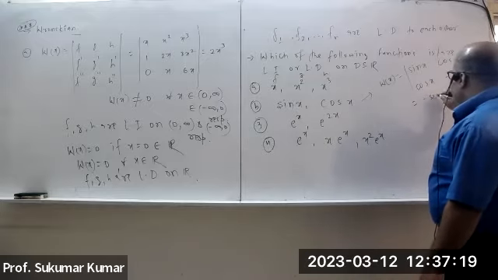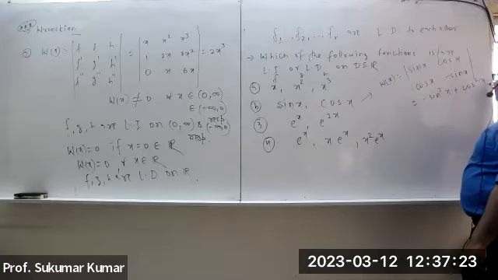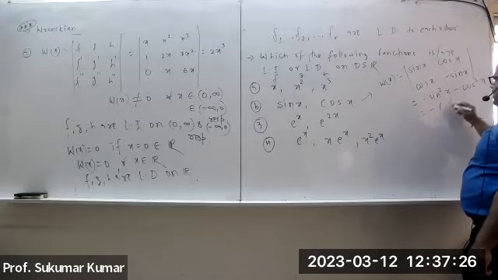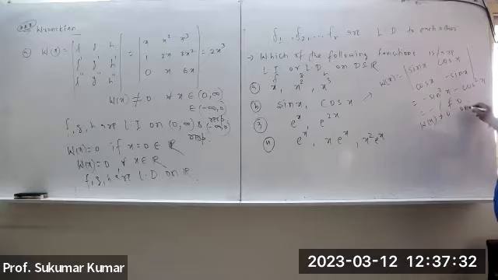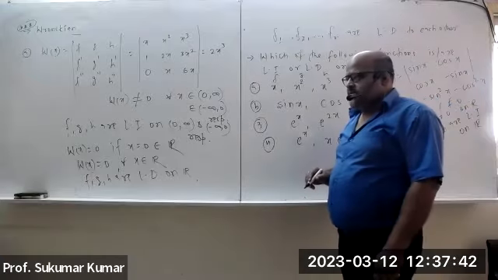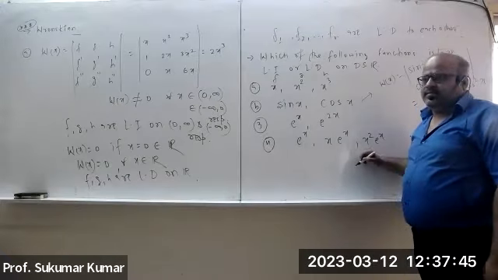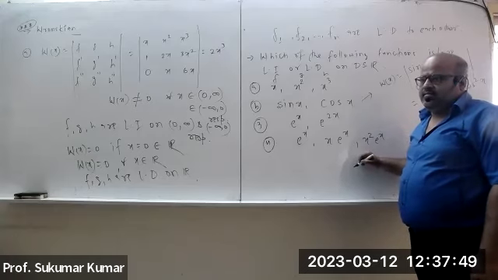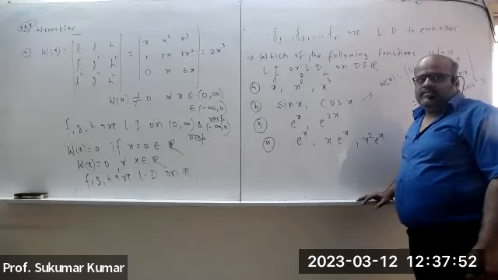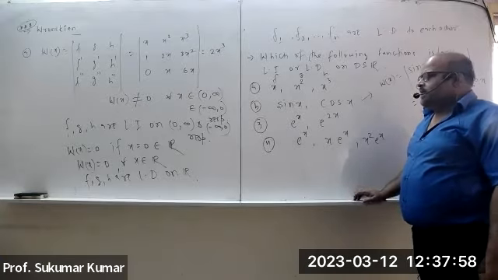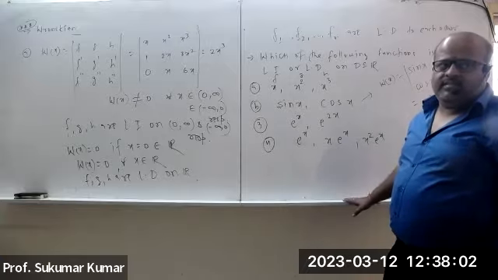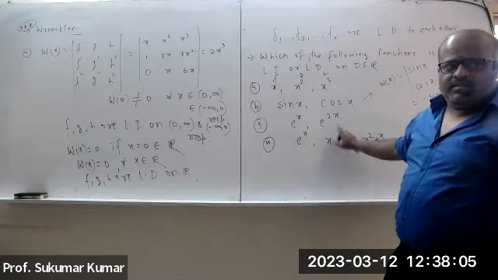The determinant is minus 1, which is not equal to 0 everywhere, for all R. W of x is not equal to 0 on R. So both functions f and g are linearly independent everywhere, meaning any type of interval we choose. The third and fourth you can do; what comes? Everywhere, the third and fourth also.